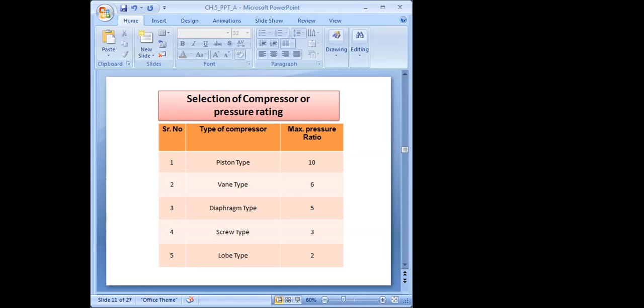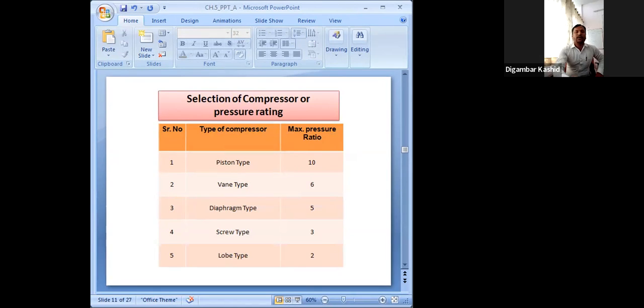That is the maximum pressure ratio. At what pressure ratio do you want to run your compressor? That parameter, the pressure rating, we should also select.